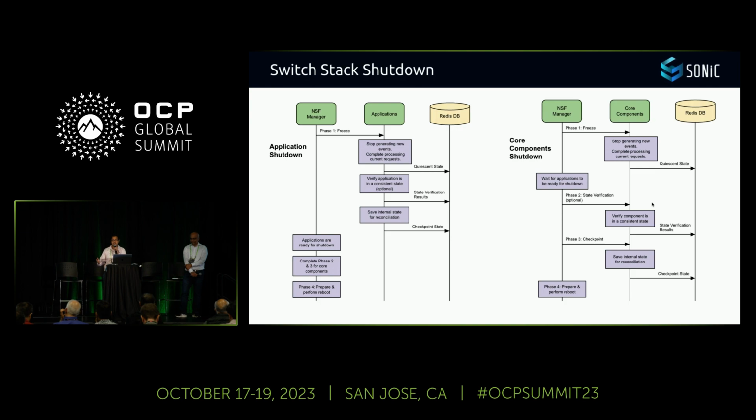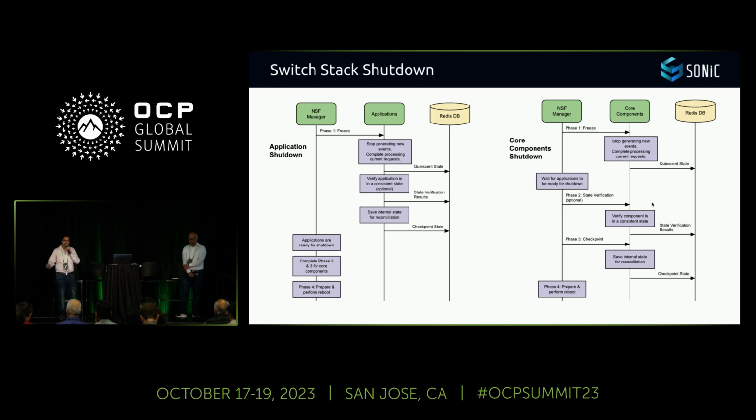Now, for applications, we can actually optimize these three stages into a single stage where an application receives freeze. And when I talk about application, it's mostly boundary applications on which no one else is dependent. So, for example, TeamD, BGP, these are actually serving external requests. They can receive a freeze request, stop generating new intents, and say that they have become quiescent.